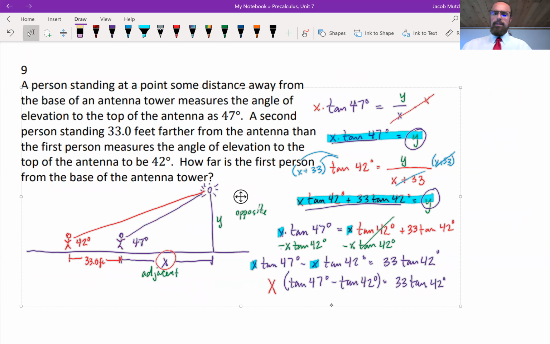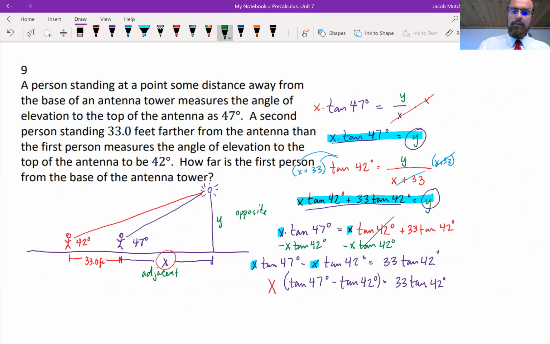All we've got to do at this point is divide by everything but x. So I'm going to divide by tangent of 47 degrees minus tangent of 42 degrees. That'll cancel. And my value for my distance here is going to be given by this fraction on the right.